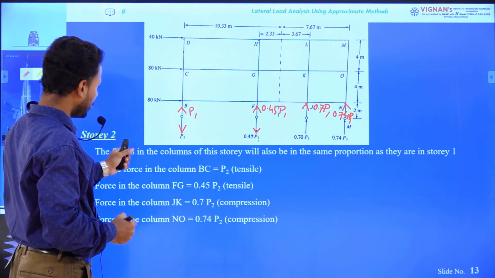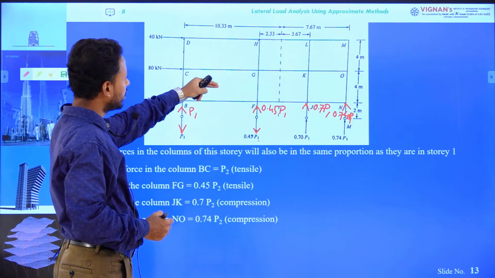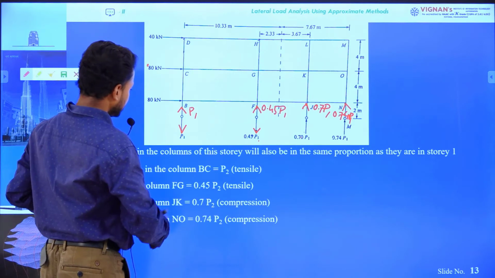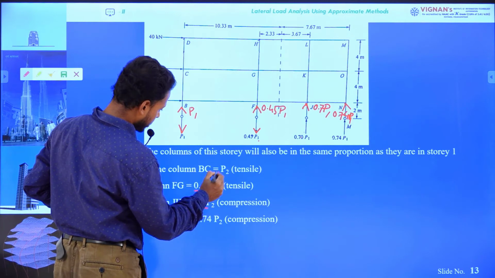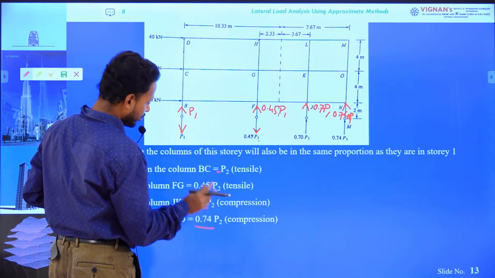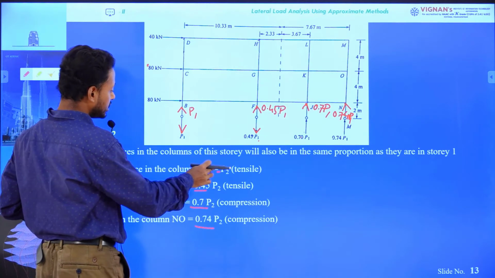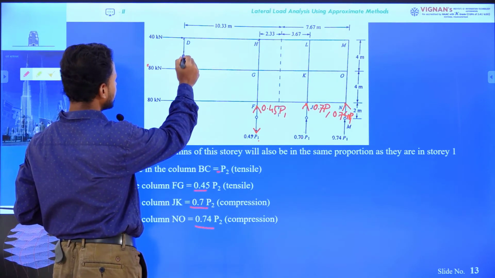Now, what are the other forces in second story and what are the other forces in third story? See, these coefficients will be equal. Here it is 1. This coefficient will be equal for all the stories, so only the value is different. Here it is P1, in second story it is P2, and in third story it is P3.